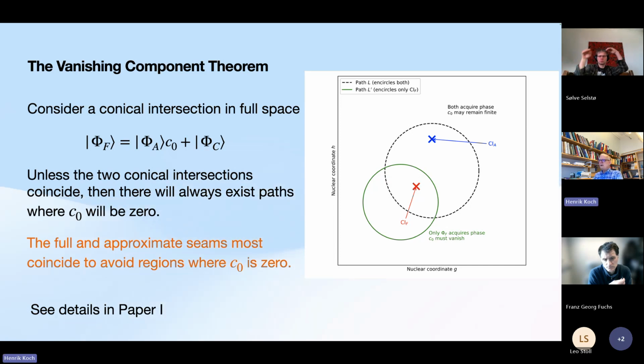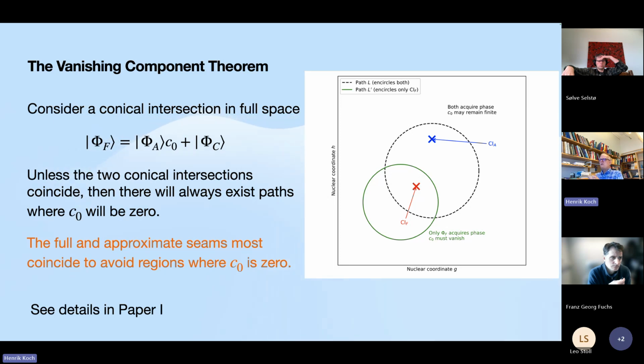Now the complication then is if those two conical intersections are not in the same place, but they are in different places in the configuration space, then I can always find an alternative path that actually does not include the red. And in that case, there will be regions where the A does not change sign.